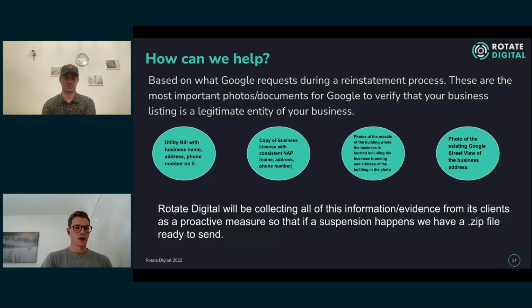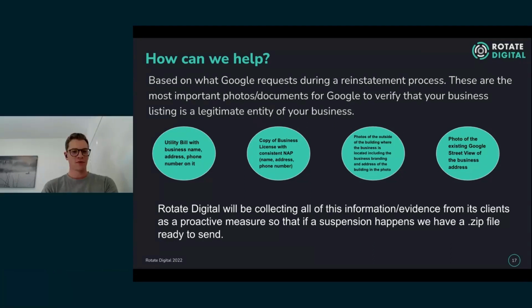This is open. You can go find this in their documentation. The requirement is a utility bill that has your business name, the address that your business is registered at, and the phone number. That should align with your Google Business Profile. And I will say this, the consistency is extremely important. Just having your utility bill and sending that in, if that doesn't match your Google Business Profile, you won't get your listing reinstated.